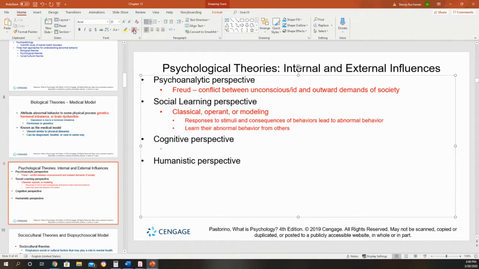With the cognitive perspective, that is their thought processes cause the abnormal behavior. For example, you may have this little voice inside your head, or your conscience, if you want to call it as such.